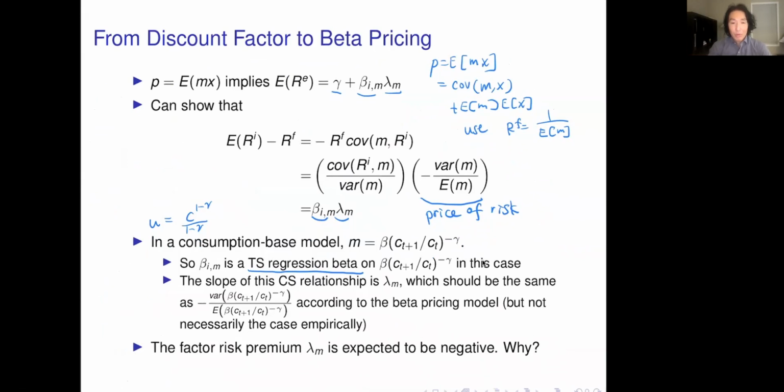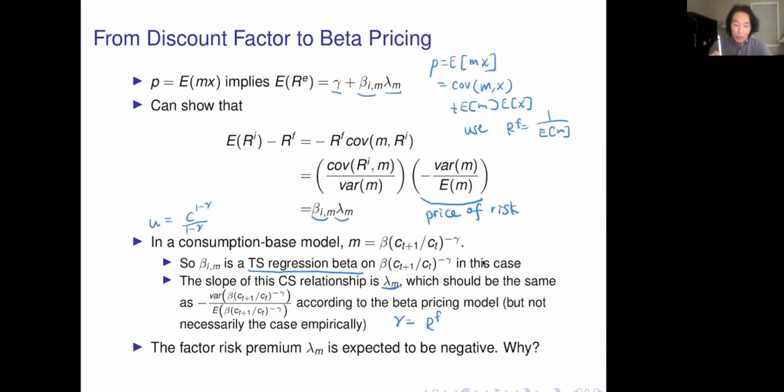What is the second stage regression? You regress the expected return on each asset i on betas. And then that cross-sectional relationship is going to give you two things. The first one is the slope on beta, which is lambda m, the price of risk, and also the intercept. The intercept should be gamma, or that is the risk-free rate. Okay.